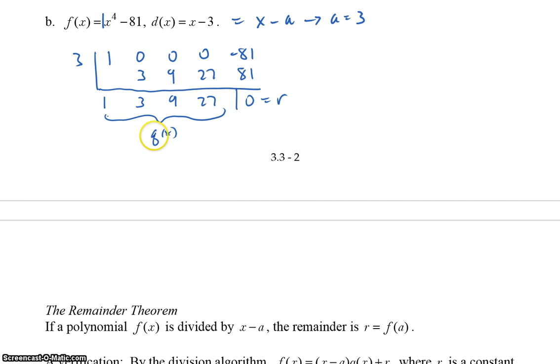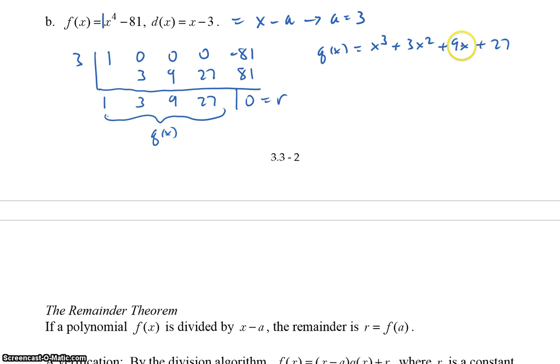Remember that the degree of the quotient is 1 less than the degree of what you divided into originally, the dividend it's called. So our quotient here would be 1x cubed plus 3x squared plus 9x plus 27.